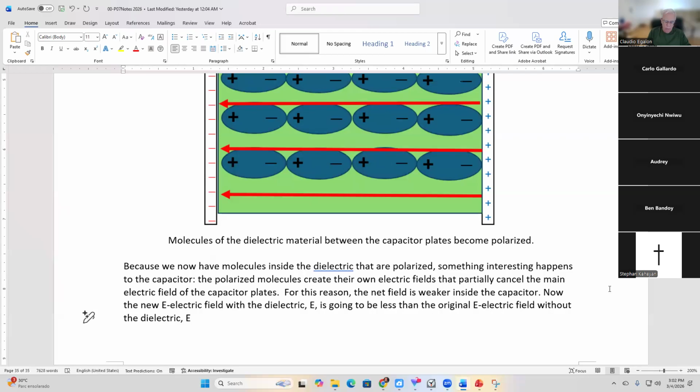I'll call that E0. The electric field without the dielectric, with vacuum between the plates, is the E0, okay?